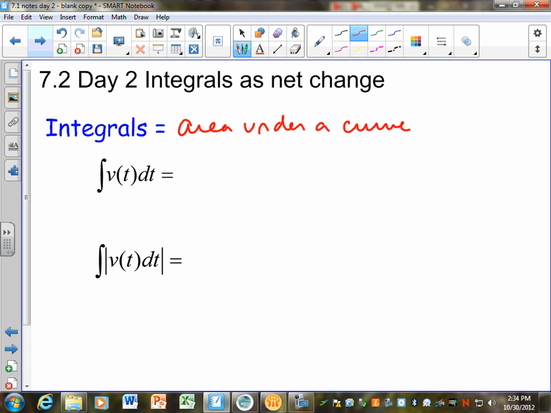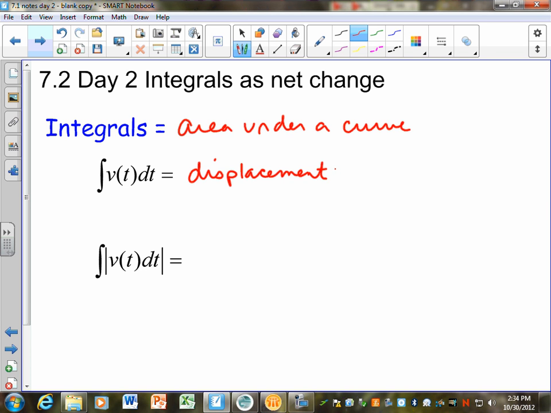But not only does it equal area under a curve, we talked about yesterday that we can look at how far something has traveled, or total distance. And so again, I just wanted to reiterate those two differences there. If you take the integral of a velocity function, you're always going to get the displacement of that particle.